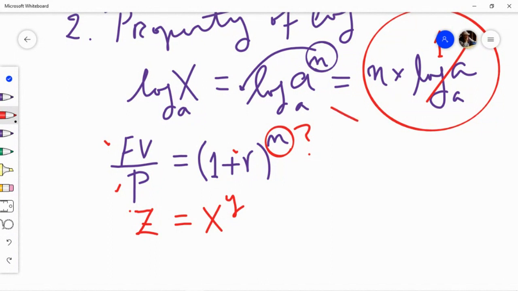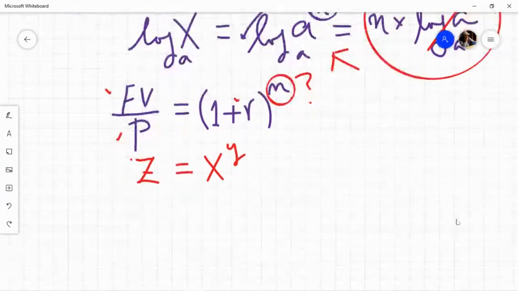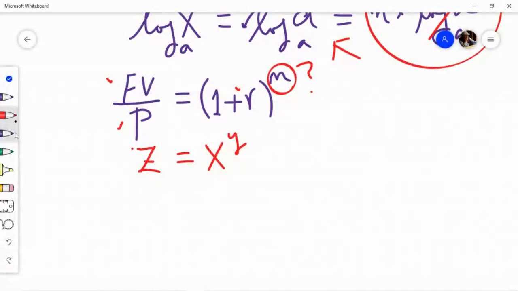We'll have to take the log. In other words, if we take the log, and of course, we need to take the log on both sides, because whatever I do to the right-hand side, I must do to the left-hand side too.